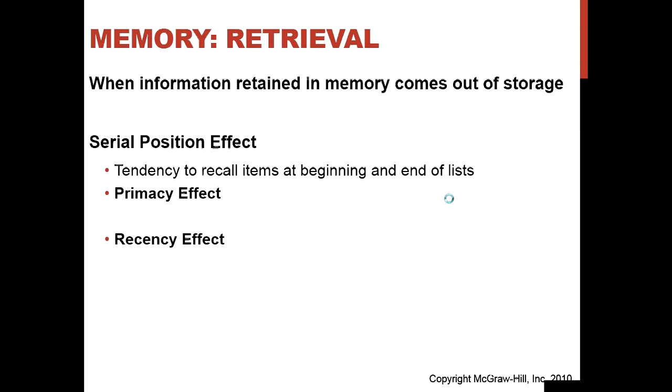If I give you a list of words, you'll typically remember the ones in the beginning and the ones at the end, because if I ask you to memorize them or try to remember as many as you can, you typically rehearse those first words. You might lose the ones in the middle, and then you will be able to say the last few words. Okay? So we have a tendency with regards to serial position, so the actual positioning of that particular item, we tend to remember the ones at the beginning as well as the end of the list.